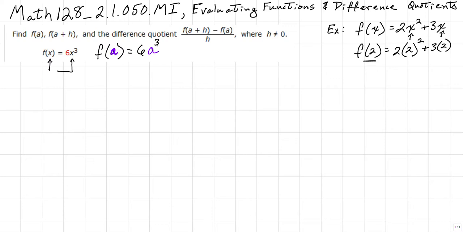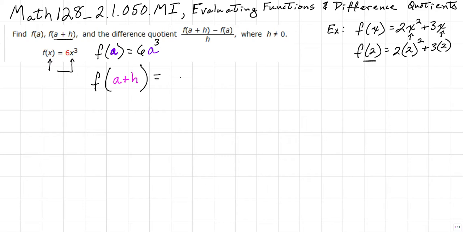Now, the next one is going to be a little more tricky simply because we're going to have to expand a binomial. When I say binomial, I'm talking about this a plus h. So it will be f of a plus h, and that means that what I'm going to do is replace the x in my function with a plus h.